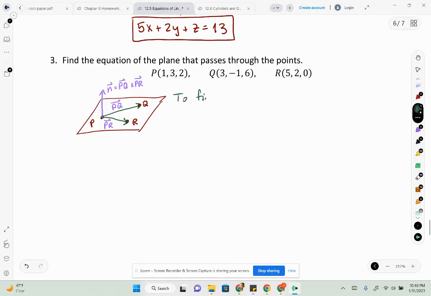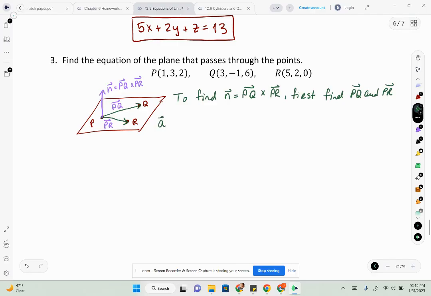So to find our normal vector, which is going to be PQ crossed with PR, first find PQ and PR. I'm going to call them something else, okay?